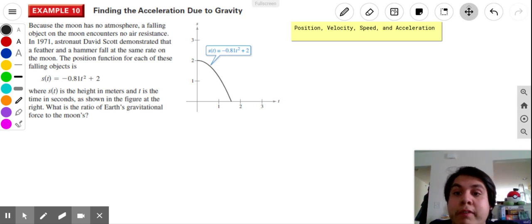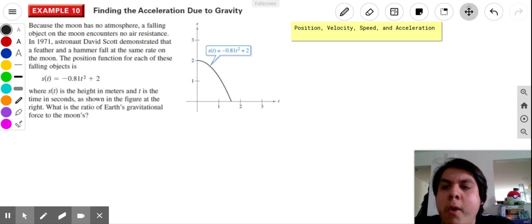So we're talking about the gravitational force of the moon, which is another way to talk about acceleration. But the only thing I'm given is the position function. So I'm going to have to remember how I can use my position function to get acceleration.